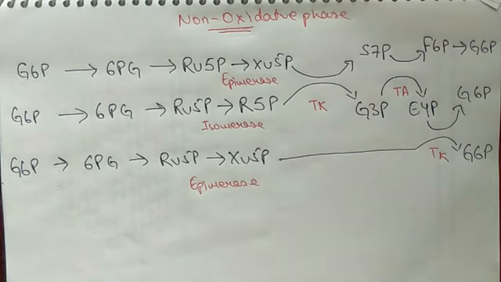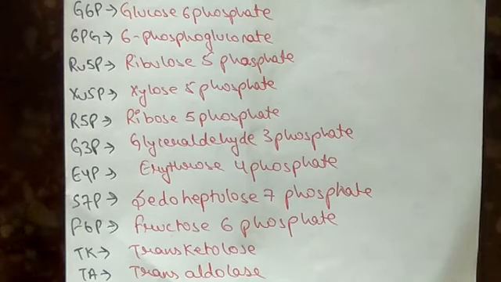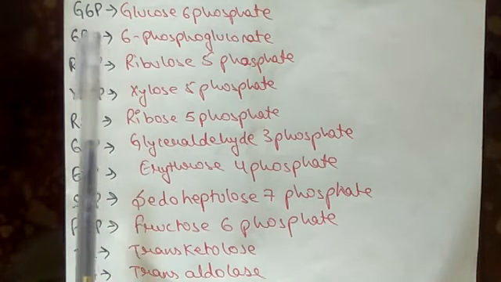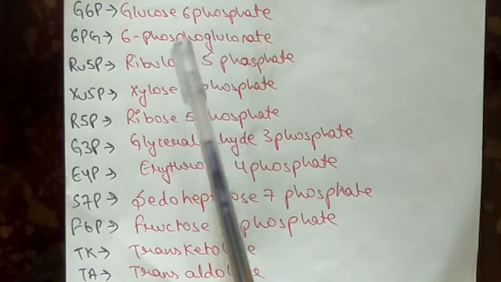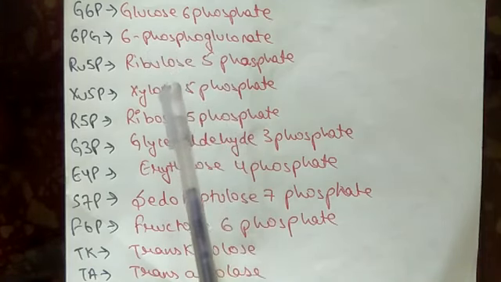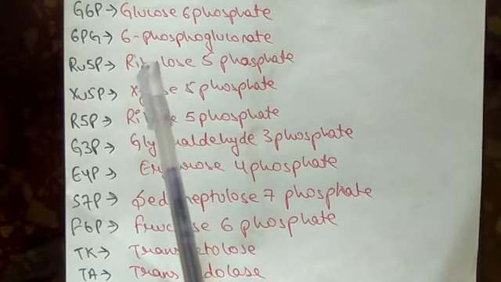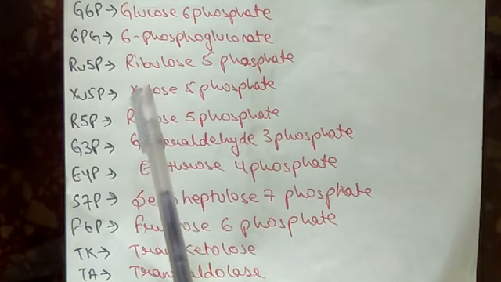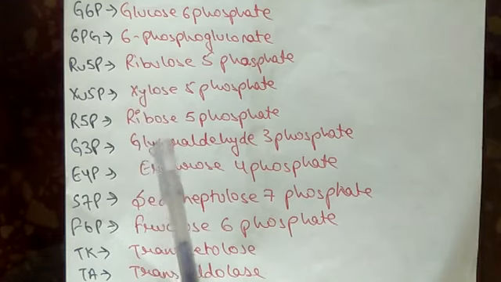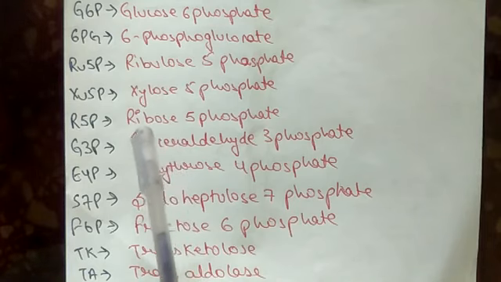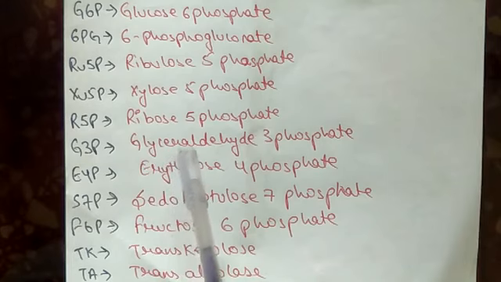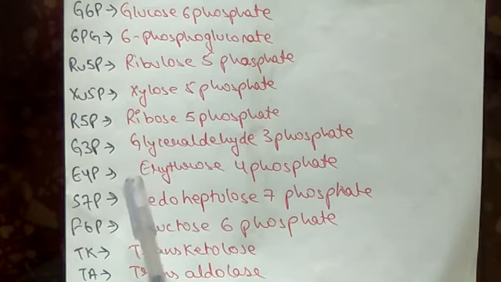So I can say what they are. G6P denotes glucose 6-phosphate, 6PG denotes 6-phosphogluconate, Ru5P denotes ribulose 5-phosphate, Xu5P denotes xylulose 5-phosphate, R5P denotes ribose 5-phosphate, whereas G3P denotes glyceraldehyde 3-phosphate, E4P denotes erythrose 4-phosphate, S7P denotes sedoheptulose 7-phosphate, whereas F6P denotes fructose 6-phosphate, and TK is transketolase and TA is transaldolase.